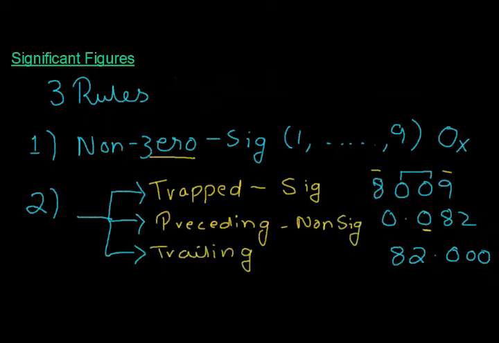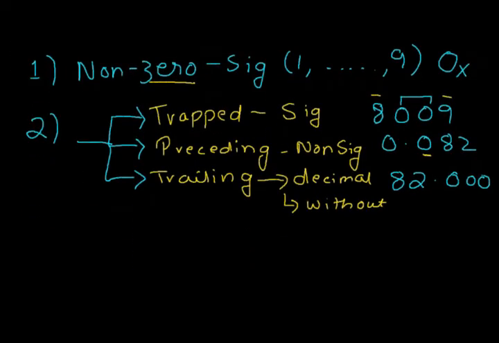The third one is trailing zeros. In trailing zeros, we actually have 2 cases, with decimal point and without decimal point. So we will be going through these 3 rules a bit more in detail with some more examples.